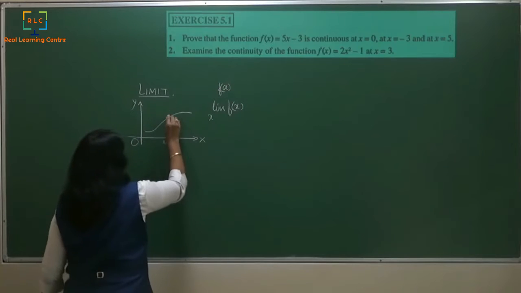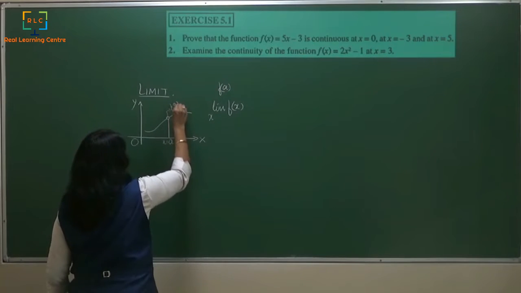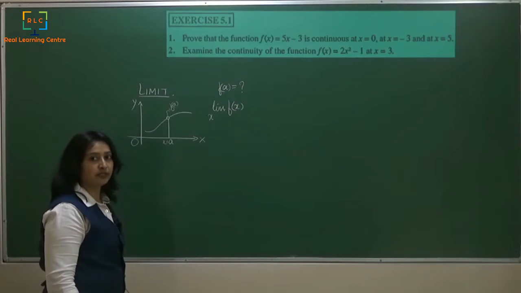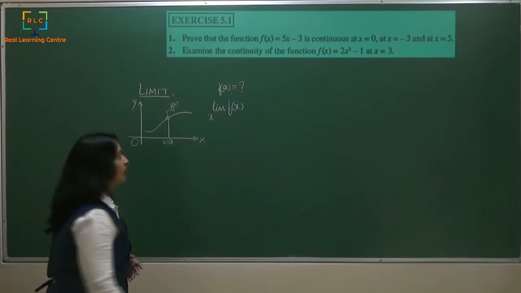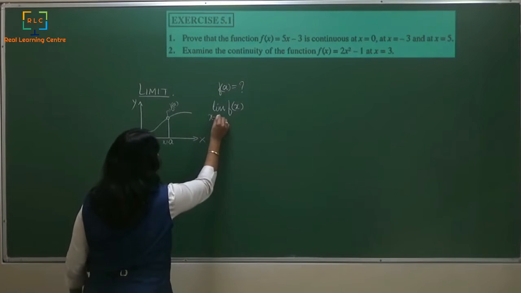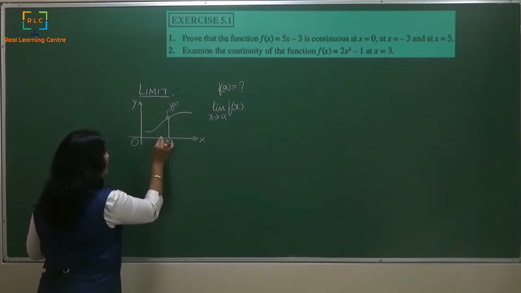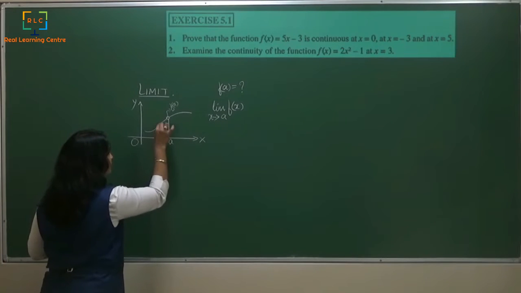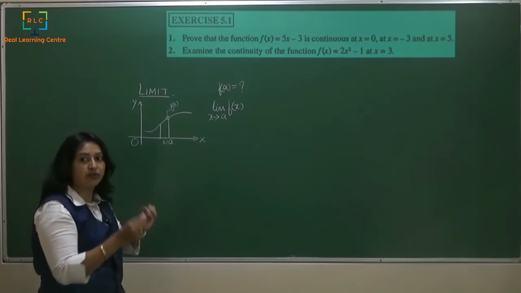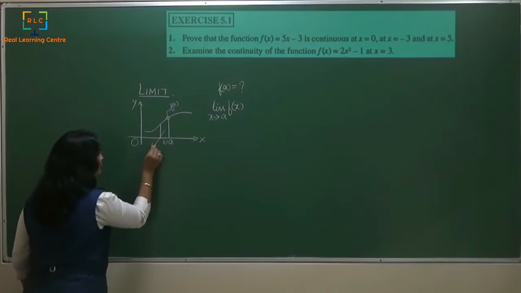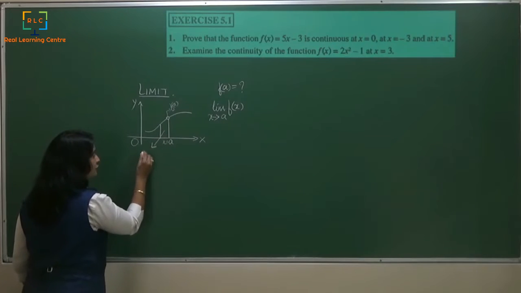This point is f of a, and I'm not getting the answer at that particular point. So what do I do? I start taking the tendency values towards a. I take a few values towards a like this, and when I take that range of small epsilon values less than a, we call that the left hand range.